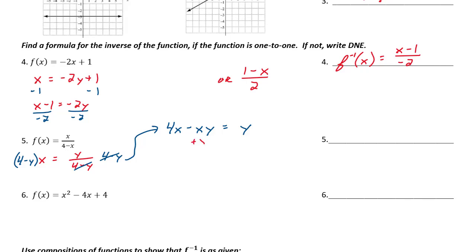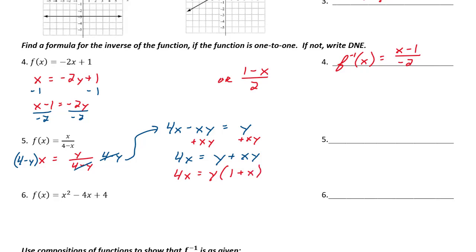Since I'm trying to solve for y, I should at least get the y's near each other. So I'm going to add that xy term over. So I've got 4x equals y plus x times y. Now notice both of those have a y, so I can actually factor one of those y's out, which would leave me y times parentheses. If I take y out of itself, it needs to leave a 1, and then plus, if I took the y off the second term, it would leave a plus x.